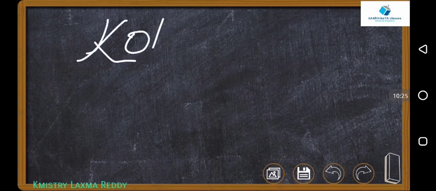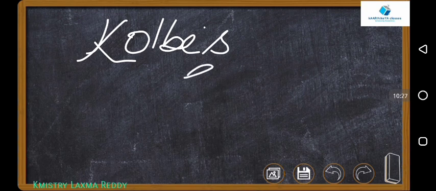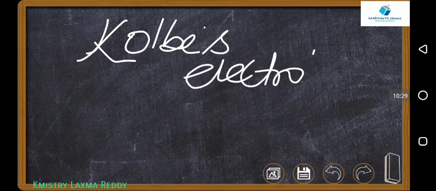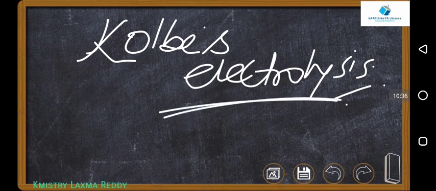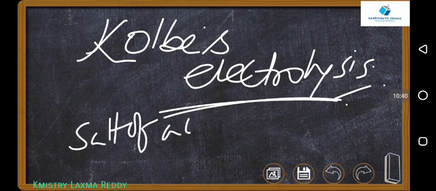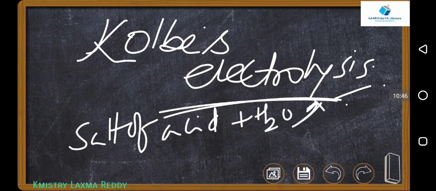We'll go with one very interesting reaction, that is Kolbe's electrolysis. What is Kolbe's electrolysis? We are going to take again the salt of a carboxylic acid in aqueous solution, that means water, and we are going for the electrolysis process. On electrolysis, you are going to get products at the cathode and anode.